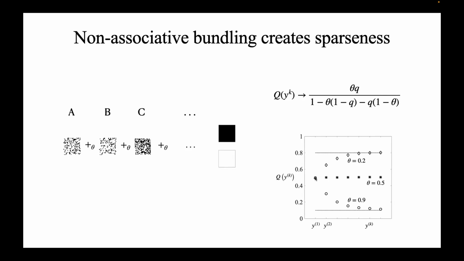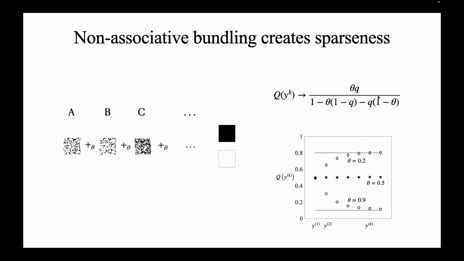We start from a state having activity 1/2, and depending on the threshold, the activity decreases if the threshold is larger than 1/2, but asymptotically it will go to this, and this one will always be either larger than 0 or less than 1.